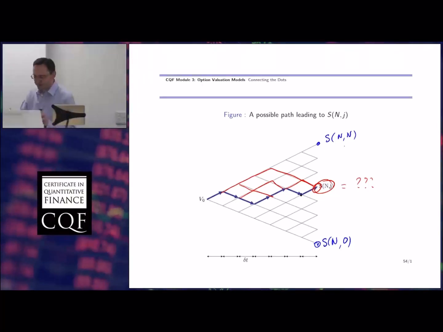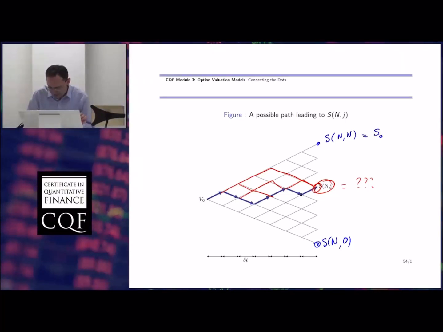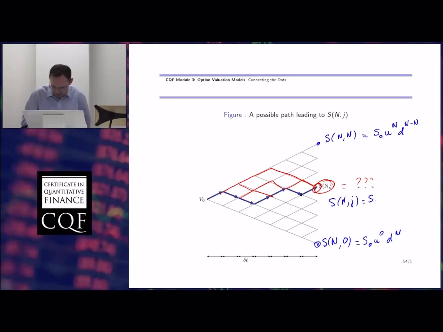So the stock price here is S0 U^n D^(n minus n), right? And the price there is S0 U^0 D^n, which means that S_n,j should be S0 U^j.